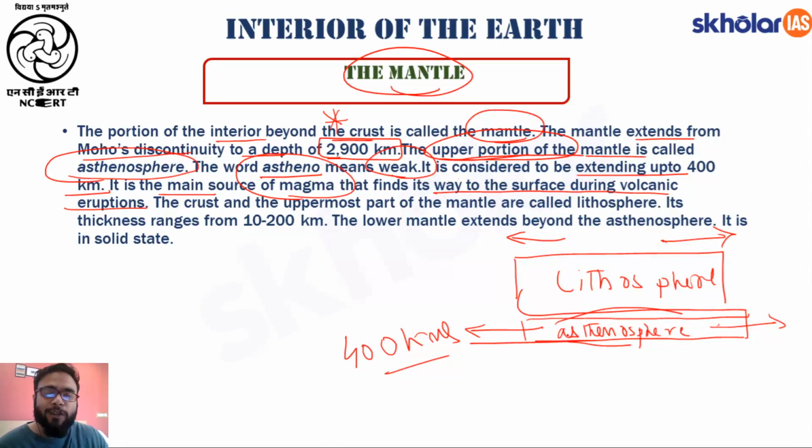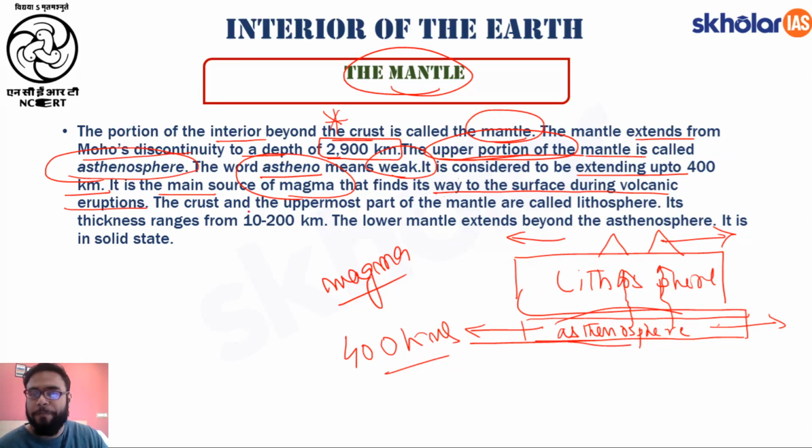So this asthenosphere is semi-molten in nature, meaning it is made up of magma, and sometimes this magma can intrude through the lithosphere, right? It can intrude through the lithosphere, that means it will break the lithosphere and reach the surface of the earth, right? So the asthenosphere is the region of origin of volcanism.